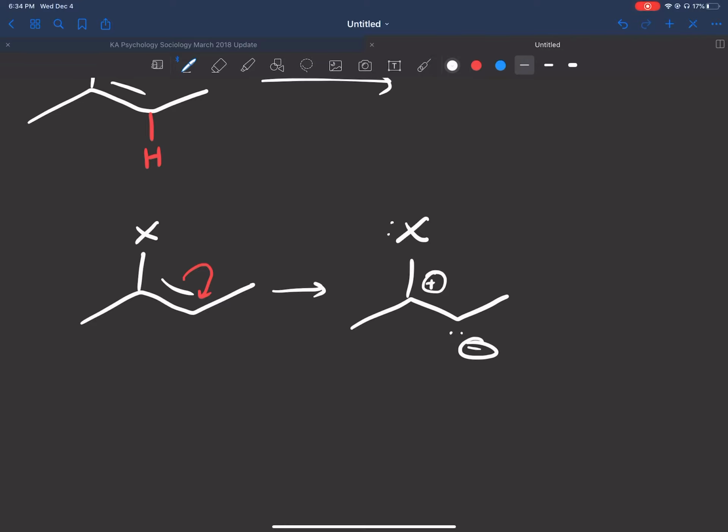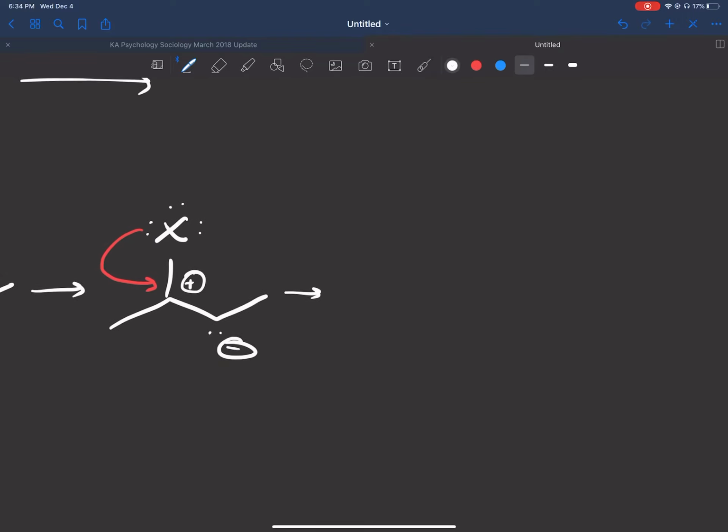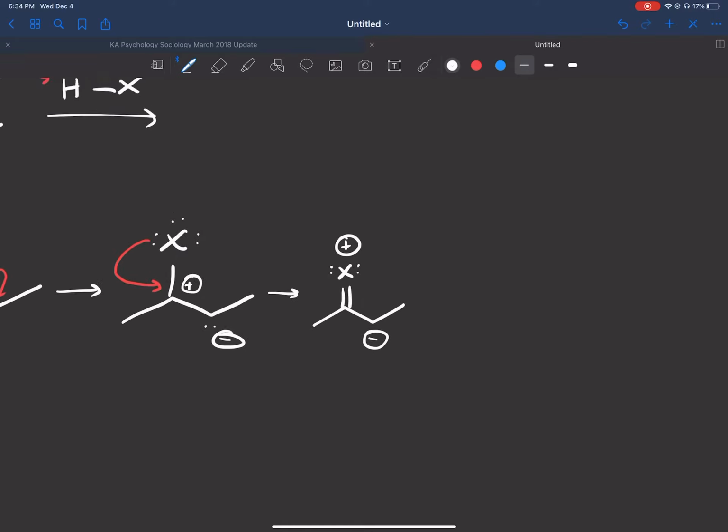Now, this halogen has 3 lone pairs it can use to stabilize this negative charge. So it can bring a pair of electrons down, form this double bond. So it's going to have this, and it's going to get a positive charge. Here's a negative charge.